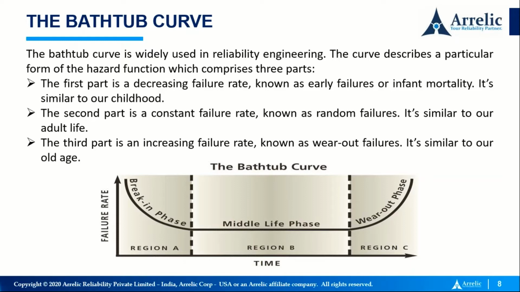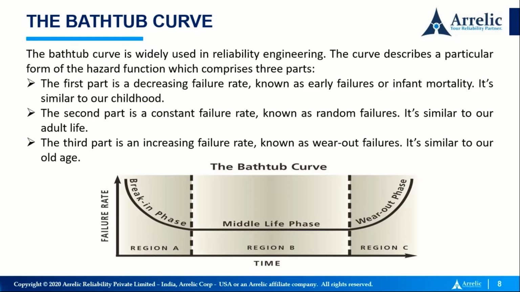Similarly, with the start of a new plant, there is, as described here in region A, the break-in phase, and the failure rate starts high and gradually settles down to a reasonable pace in the middle life phase of region B, which is the second part of the bathtub curve.